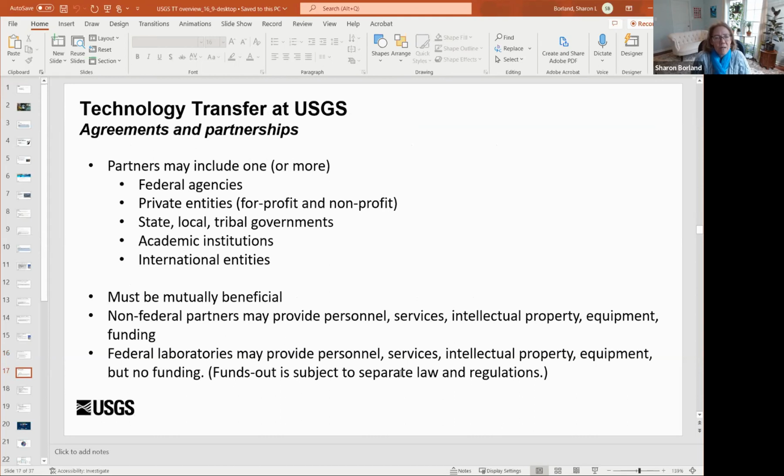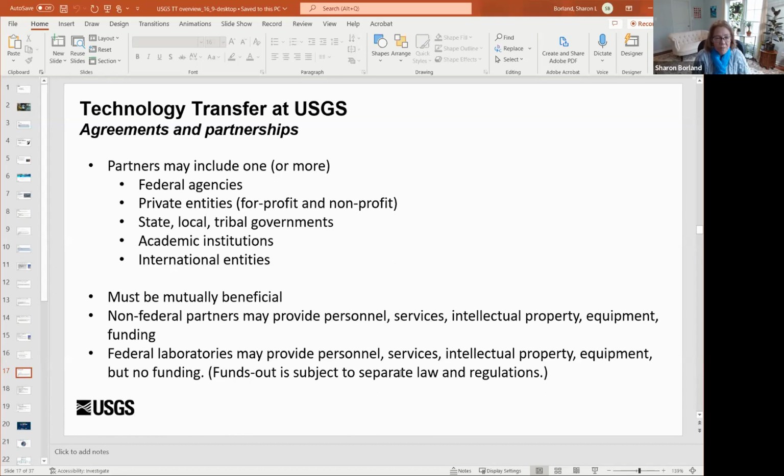So how we implement tech transfer at USGS is as shown here. We primarily use agreements. Partners may include federal agencies, for-profit agencies, state and local governments, academic institutions, and even international entities. The statement of work in the agreement must indicate that there's some mutual benefit to both missions of both parties.